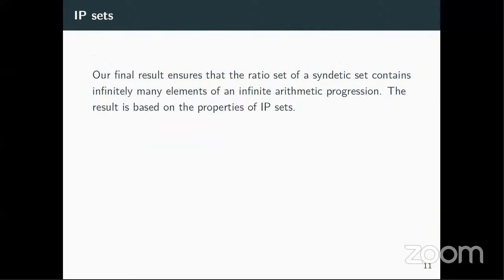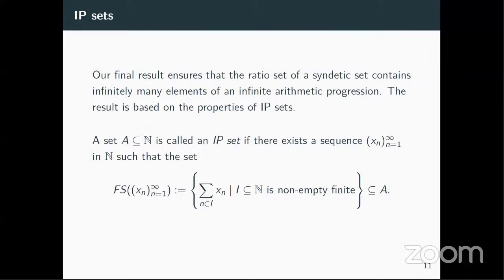And our final result will show when a ratio set of a synthetic set will contain infinitely many terms of an arithmetic progression. And this result is based on some properties of IP sets. So what do we mean by an IP set?